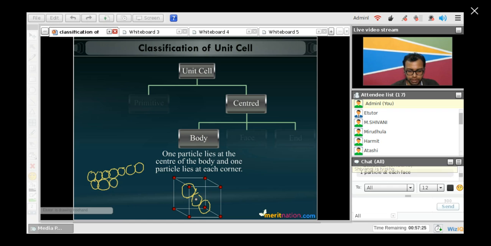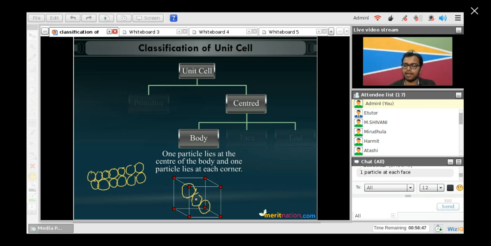Whenever you define a lattice position, you have to make sure that all the lattice positions have a similar type of arrangement around them, right? So in case of body-centered, you can take any atom, and all the atoms will have a similar arrangement around them. This atom will act as a body center for other 8 atoms. This atom will also act as a body center for other 8 atoms.